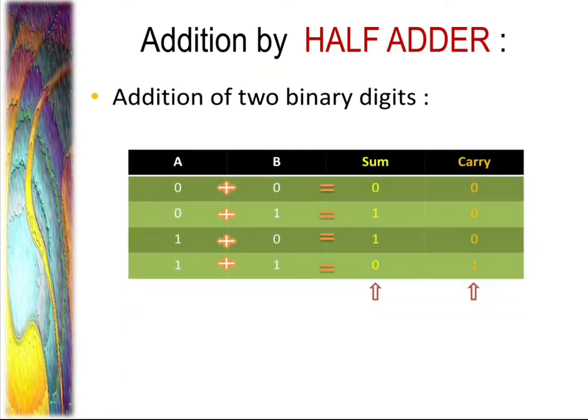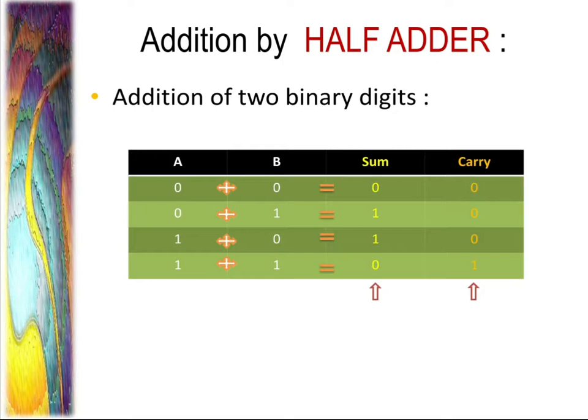When we are adding 0 with 0, we are getting sum 0, and the carry is also 0. When we are adding 0 plus 1, we are getting the sum 1, and the carry is 0. When we are adding 1 plus 0, we are getting the answer 1, and the carry is 0.